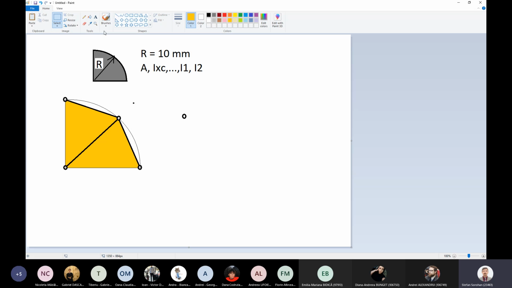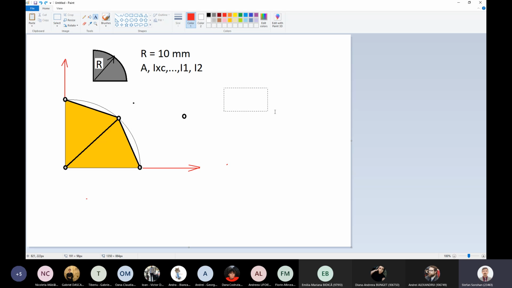To be able to use the program, we first need the global system of coordinates. It is easier to put the origin here, and let's say the x-axis is this one, and the y-axis this one. So this is y, and this is x axis.